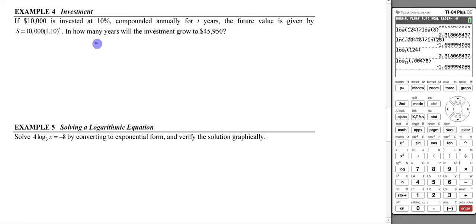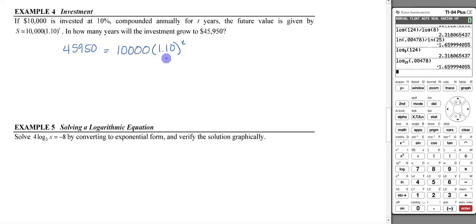Well, we can start out by rewriting the formula that was given. Okay, and they want to know when that investment will grow to $45,950. So that means when will S be 45,950?